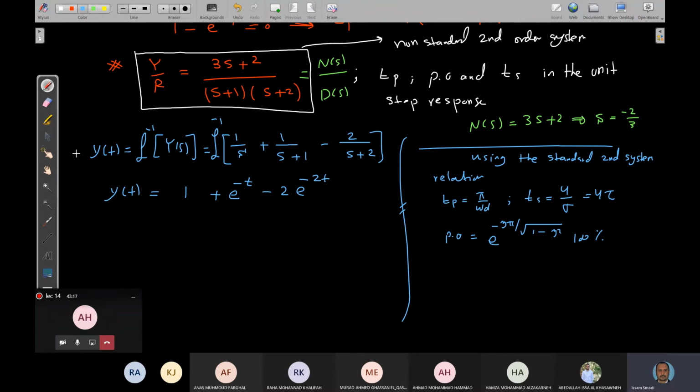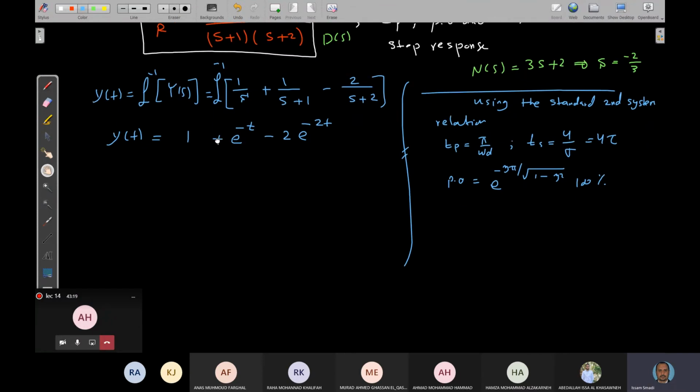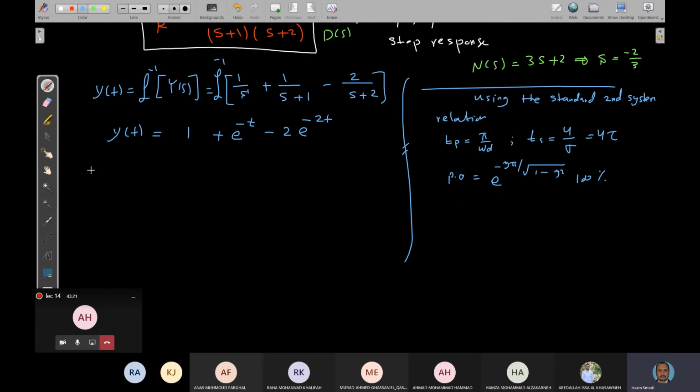To find TP, I need to evaluate dy by dt at t equal TP equal to 0, and this will be minus exponential minus t plus 4 exponential minus 2t.